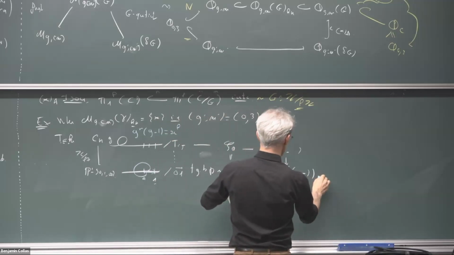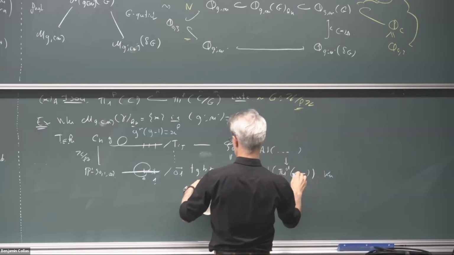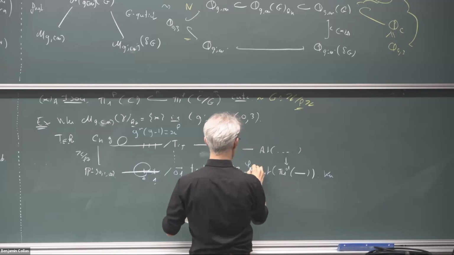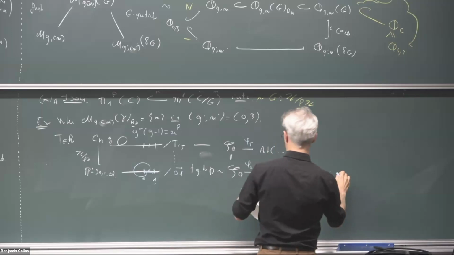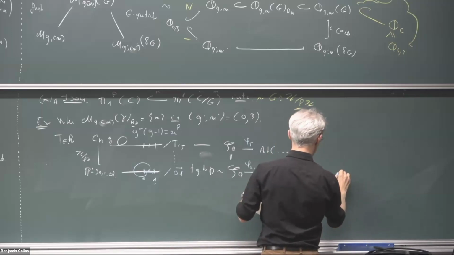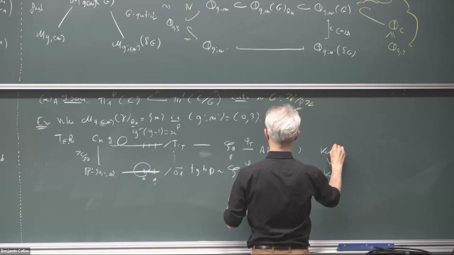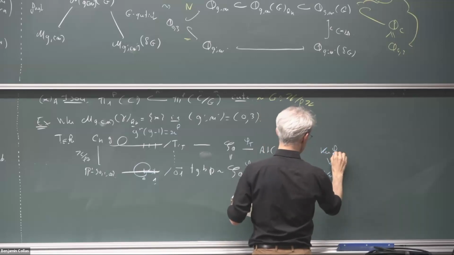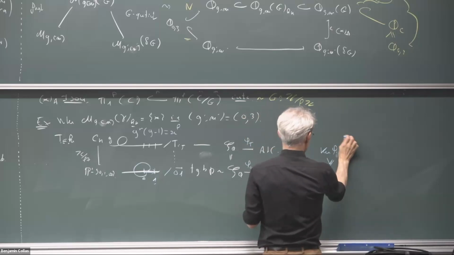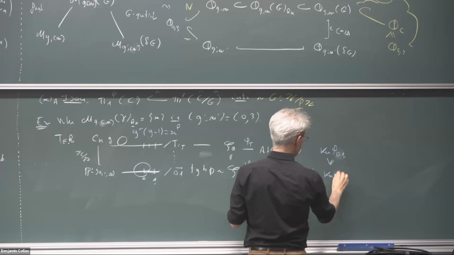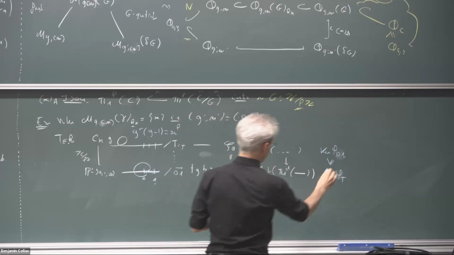So the kernel, if I call that phi01 and phi t, the kernel of phi t is controlled by the kernel of phi 0. The other way around. The kernel of phi t is controlled by the kernel of phi 0.